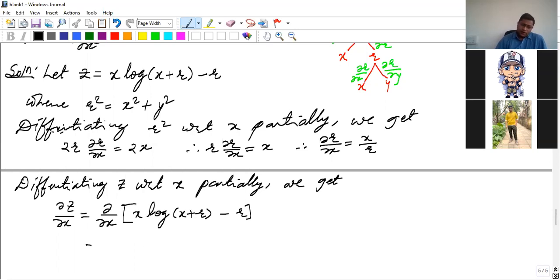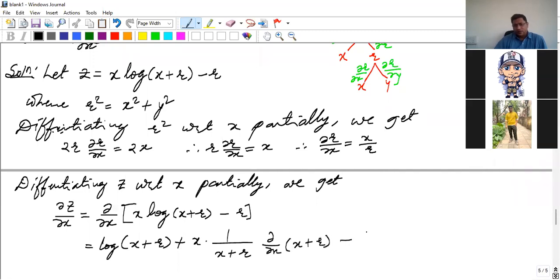Now here we have to use the u into v rule. The derivative of x is going to be 1, so it is going to be log of x plus r, plus x remains as it is, the derivative of log is 1 upon x plus r, and double by double x of x plus r, minus double by double x of r. Are you getting this term?